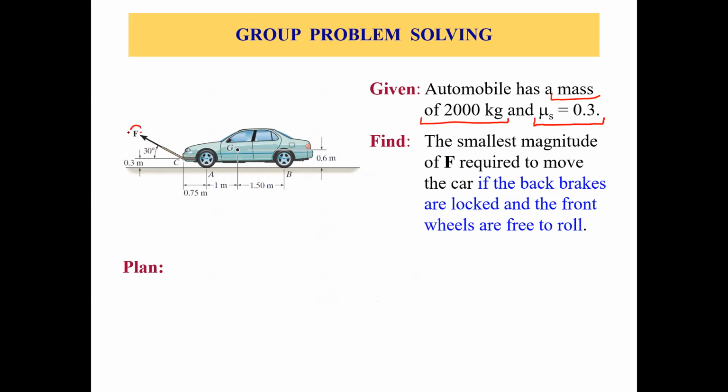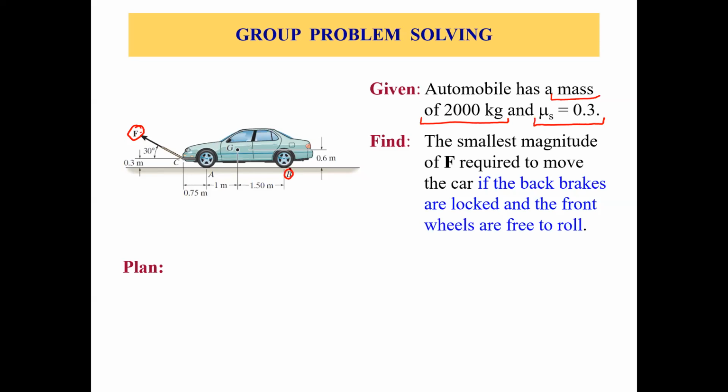So this force F is being applied, and we need the smallest magnitude of this force to move the car, if the back brakes, the brakes at point B, are locked, and the front wheels are free to roll. Okay, this is the statement.